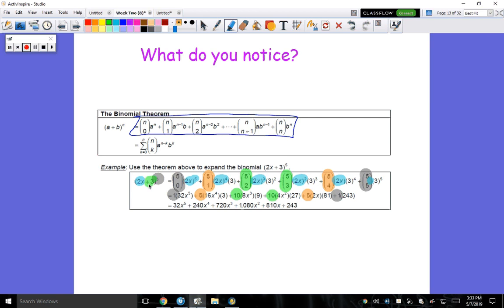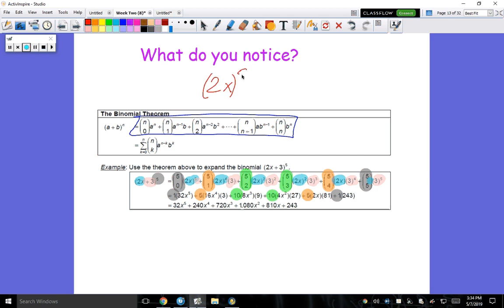Let's go red. So, right here, this plus 3, let's go from the right. So it'll be 3 to the 5th, 3 to the 4th, 3 to the 3rd, 3 to the 2nd, 3 to the 1. And again, there's an understood 1 because it's not written there. Okay, but this is where people fall off a little bit. This is where they make mistakes.